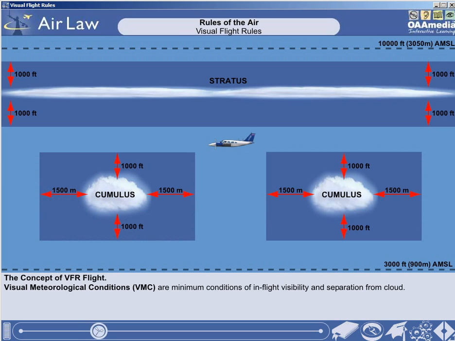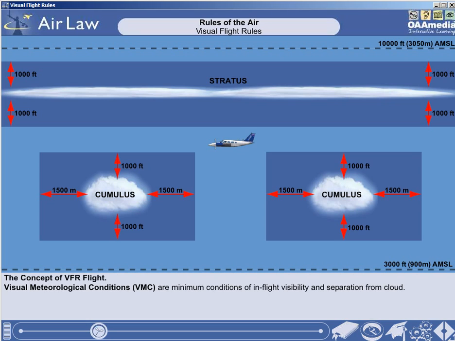The light blue area on screen here delineates the area of sky a pilot must fly in when between 3,000 feet and 10,000 feet above mean sea level in order to remain in visual meteorological conditions. Do not concern yourself for the moment with the actual distances from cloud that the pilot is required to maintain.